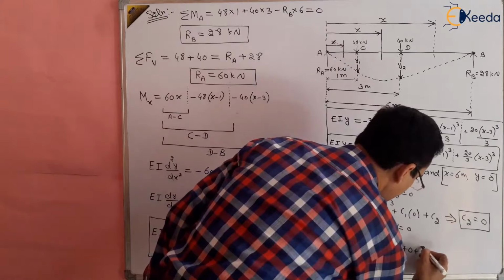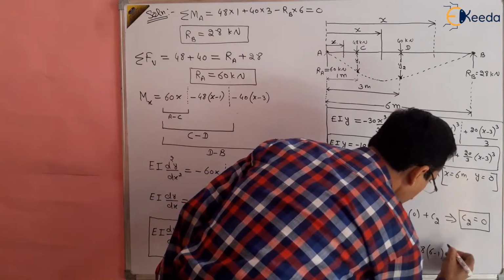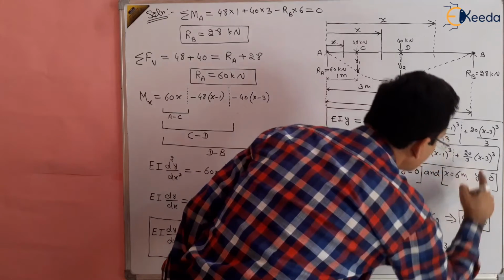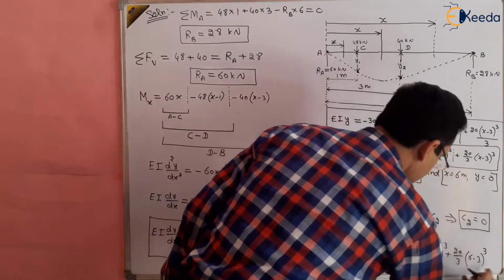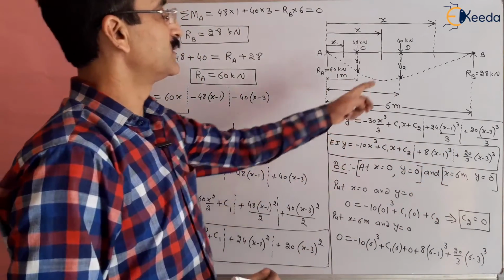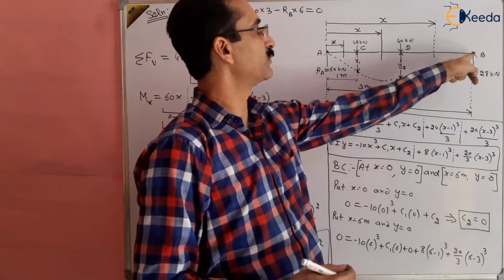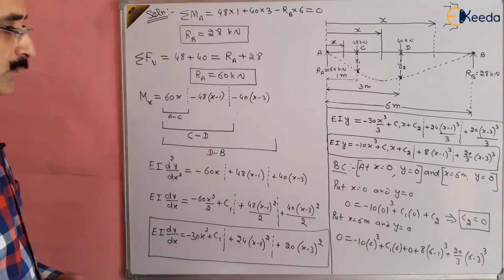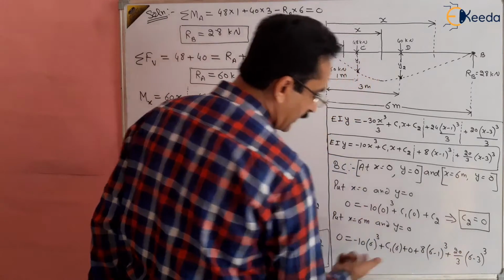Plus 8 times 6 minus 1 cube, plus 20 by 3 times 6 minus 3 cube. The entire equation will be used because this is between D and B, right? Because we have to find the deflection at B. So from here now only one unknown is there, that is C1, and C1 can be obtained.